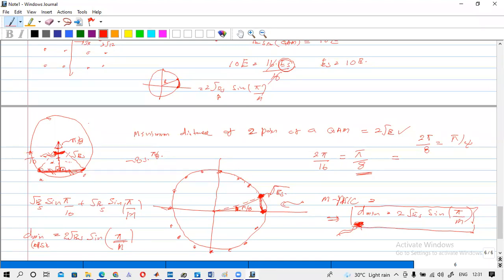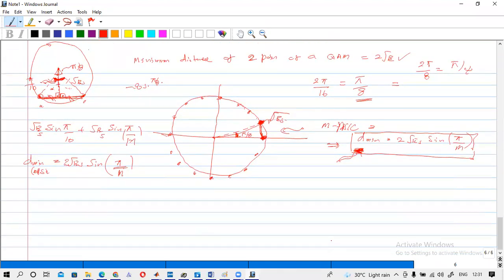In this case it will be root Es sine π by 16, and you know this root Es, the radius, already. It is root 10E. So you will have 2 root 10E sine π by 16. So can you find this value? What is the value here?